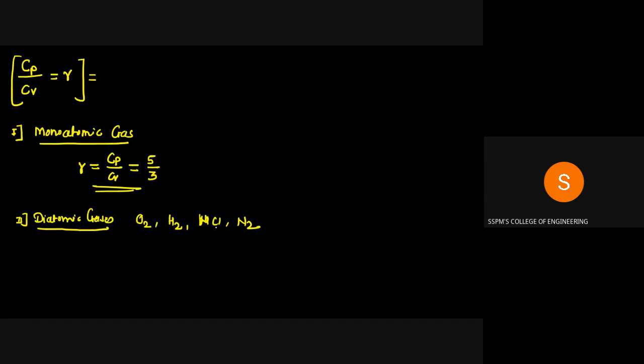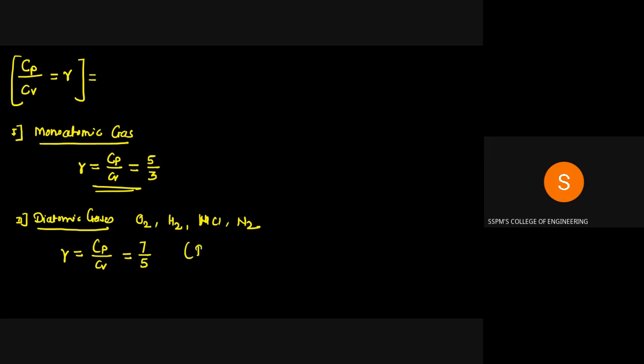Second, we have the diatomic gases. In the diatomic gases like O2, H2, HCl or N2, for such gases the ratio gamma, which is Cp by Cv, is equal to 7 by 5.